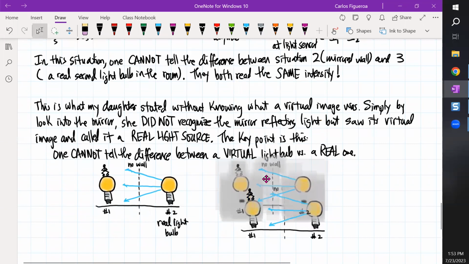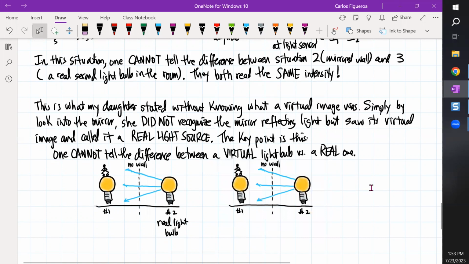Okay, so now I'm right here, but the difference is that this guy right here is really a virtual light bulb. It's not a real light bulb.